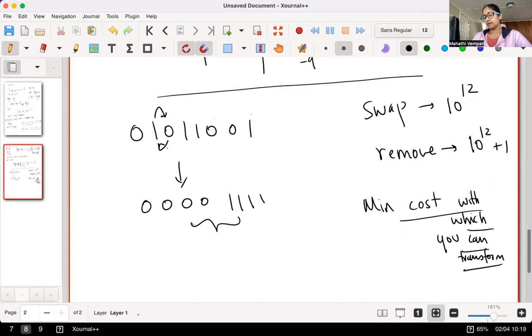Now, I guess there's an easy upper bound to this minimum cost, which is to remove all of the annoying ones. So in this case, remove this, remove this, remove this. So you get 0, 1, 1.